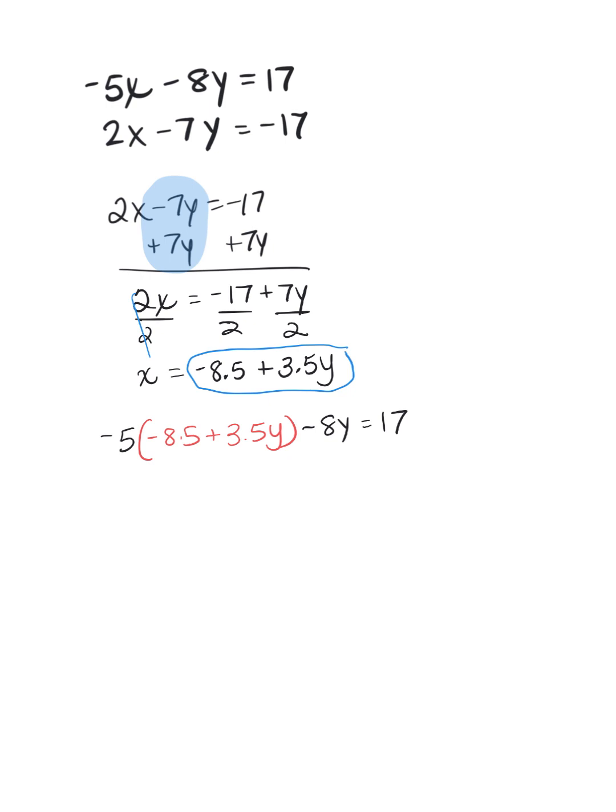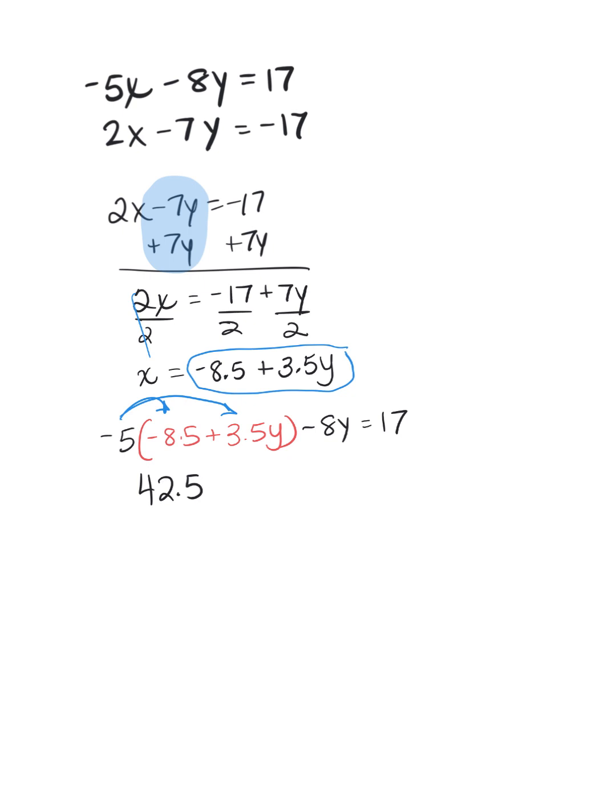So first we have to distribute because we want to get rid of the parentheses. So negative 5 times negative 8.5 is going to give us positive 42.5. Yes, I used my calculator. And then negative 5 times positive 3.5 is going to be negative, isn't it?